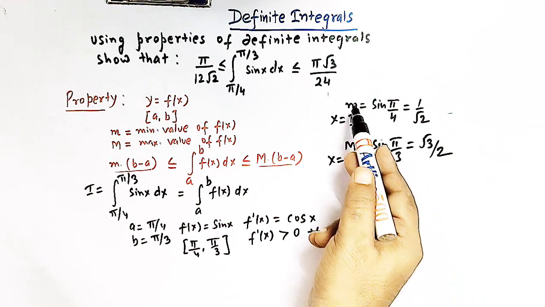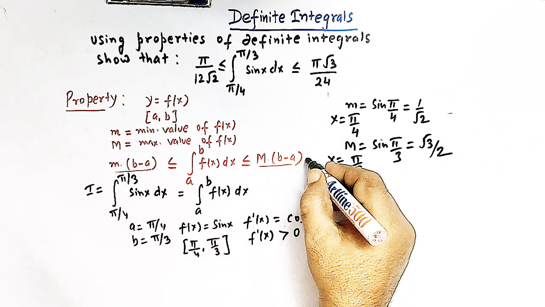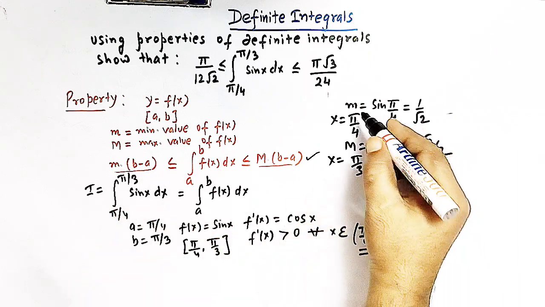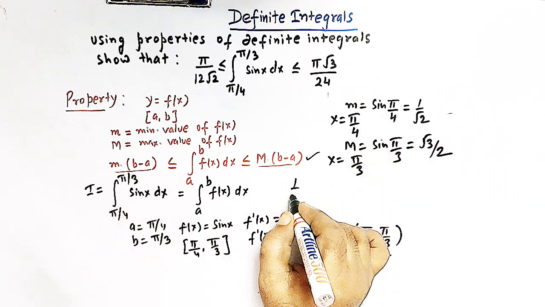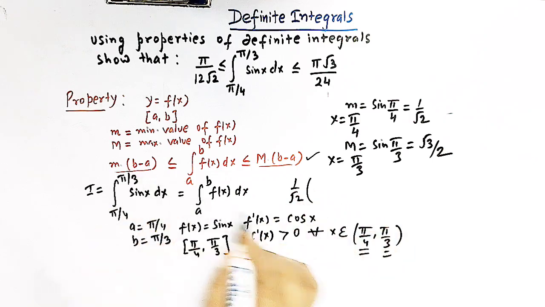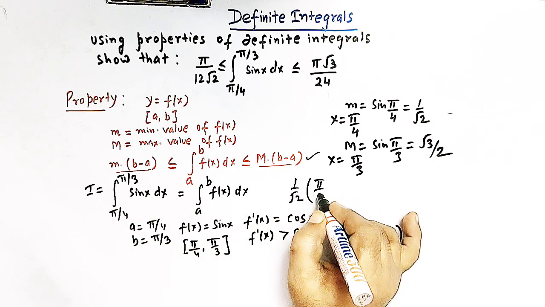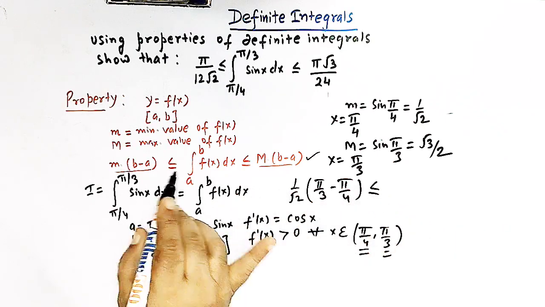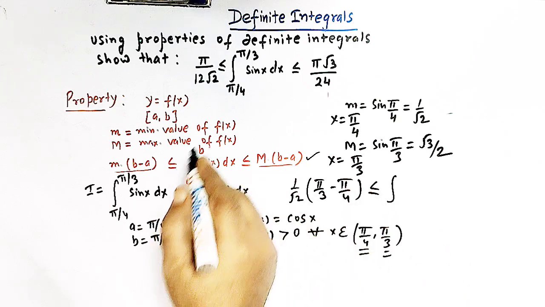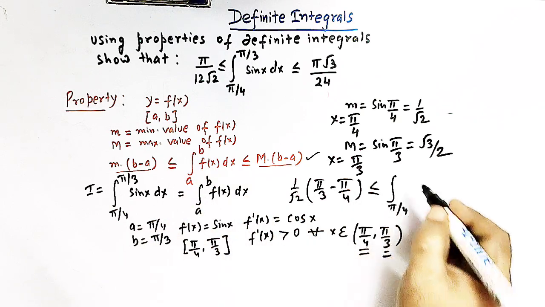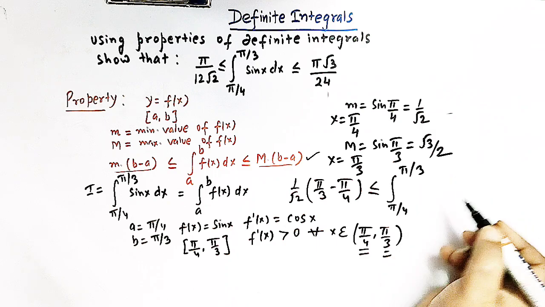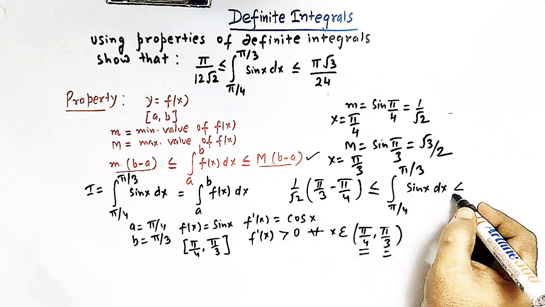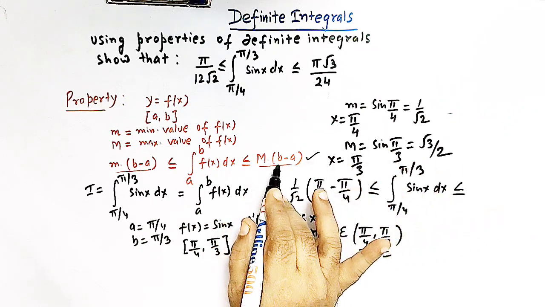So now let us substitute these values in this inequality. So here we have small m times b minus a. So small m is 1 over square root of 2, and b minus a is given by pi by 3 minus pi by 4, and then we have less than or equal to the integral from a to b, that is pi by 4 to pi by 3 of sine x dx, that is less than or equal to capital M times b minus a.